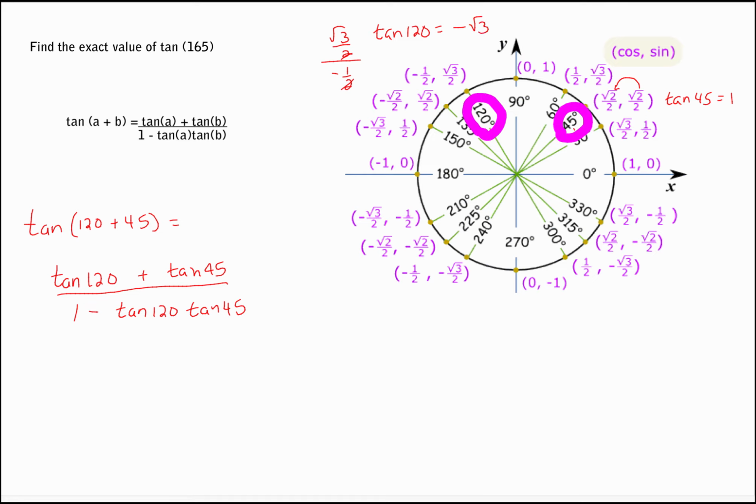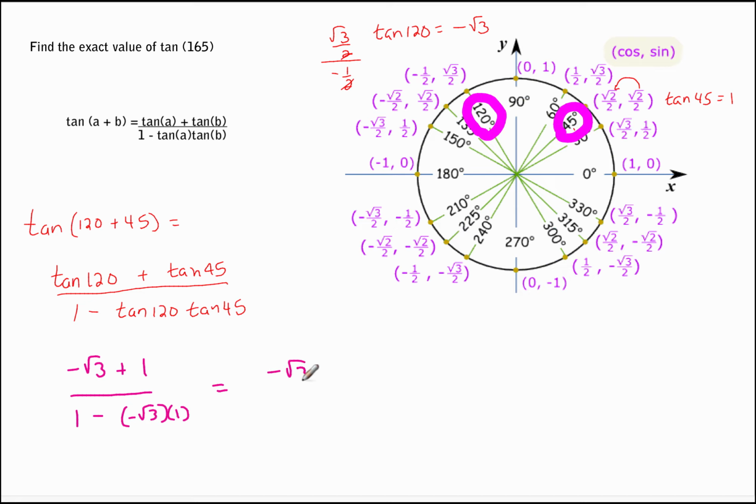Okay, so now that I have those numbers, I'm just going to enter them into my problem down here. The tangent of 120, we just saw, was negative radical 3. The tangent of 45 was 1. Below we have 1 minus the product. All right, let's do some math here.